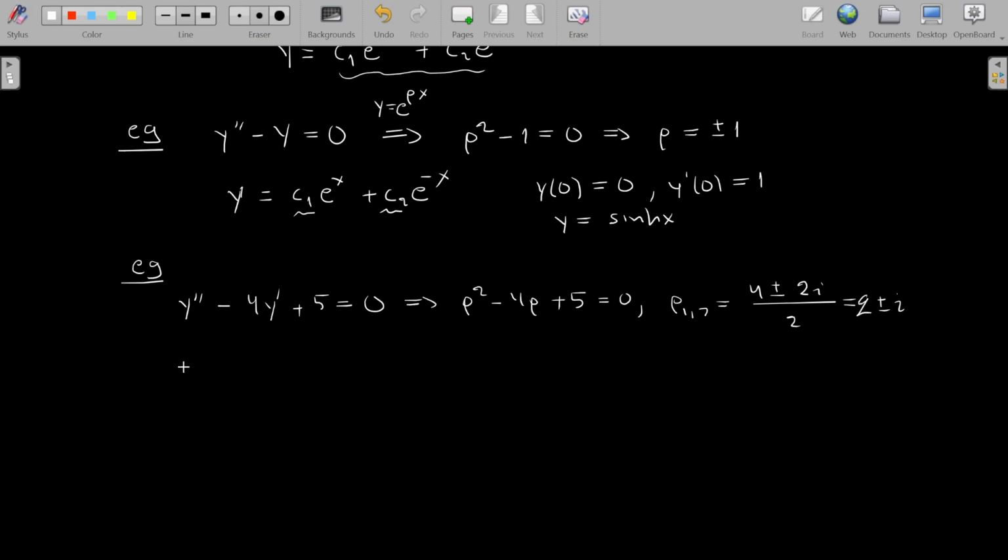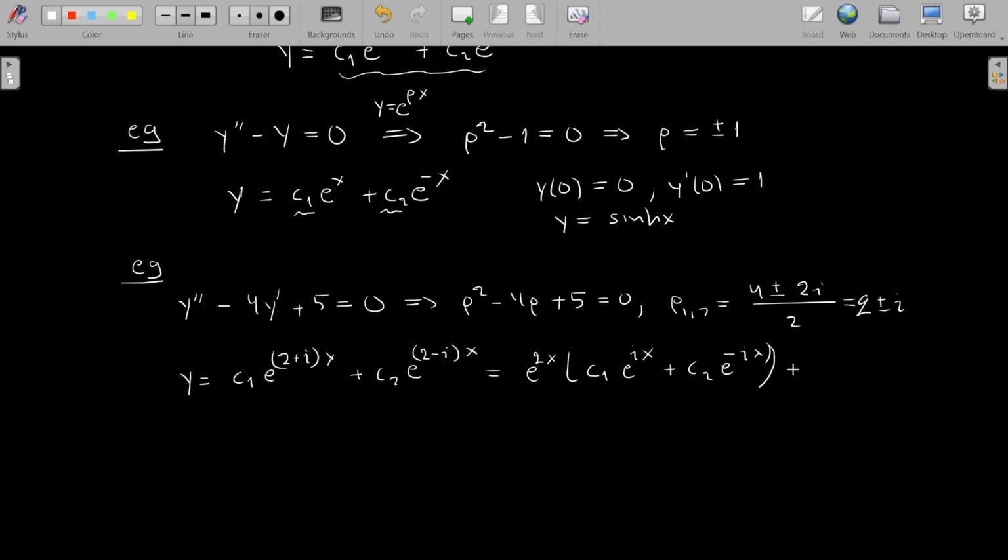Right. So the solution is going to be a constant times e to the first root plus a constant times e to the second root. It could be more neatly written as e to the minus 2x, another constant, e to the ix plus minus ix. Right.